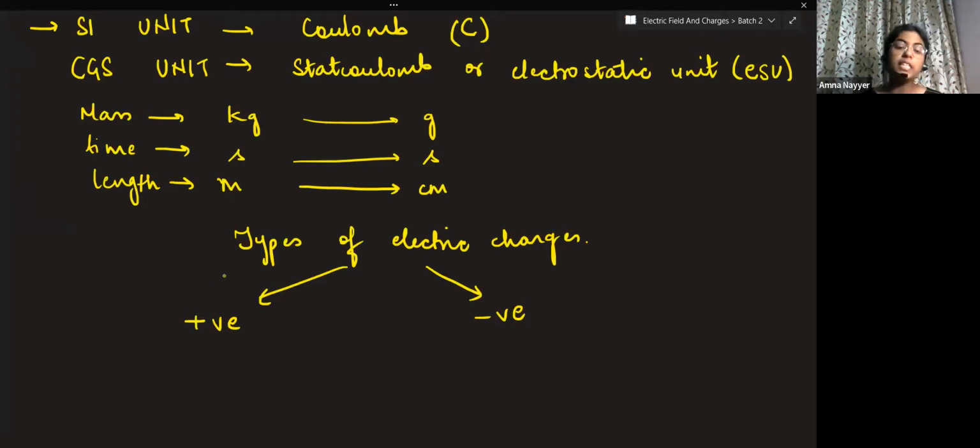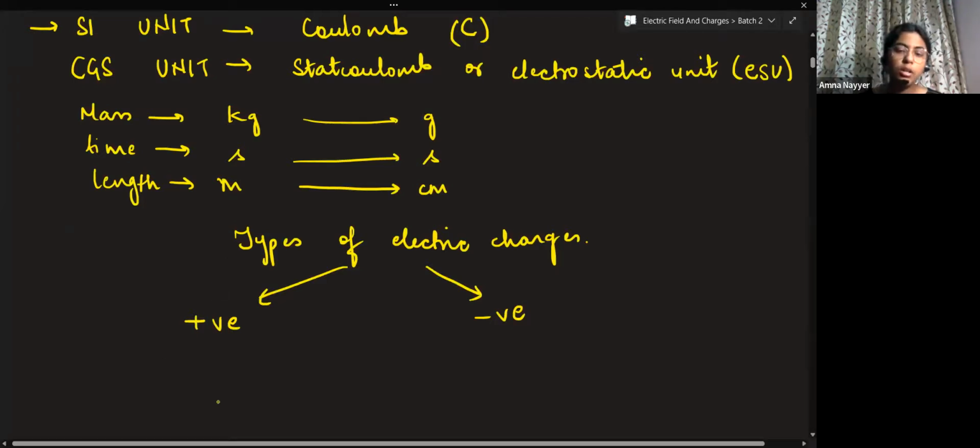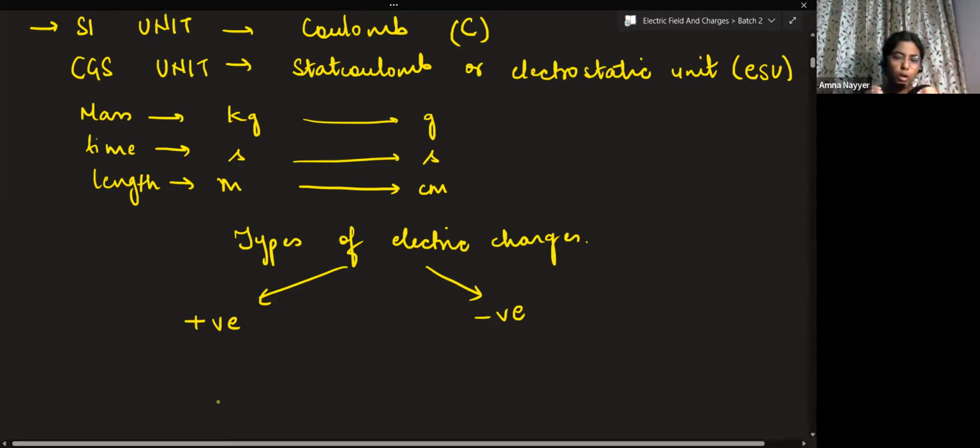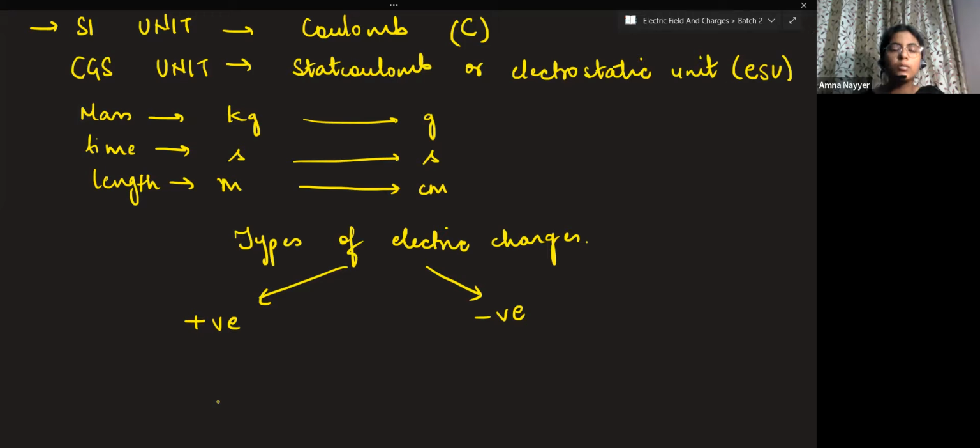Now tell me, each one of you, just unmute yourself and tell me, is there a basis for this classification? The scientist who classified this as positive or negative, was there any basis of classification according to you, or do you think it was just randomly given? I'm not asking you the classification.